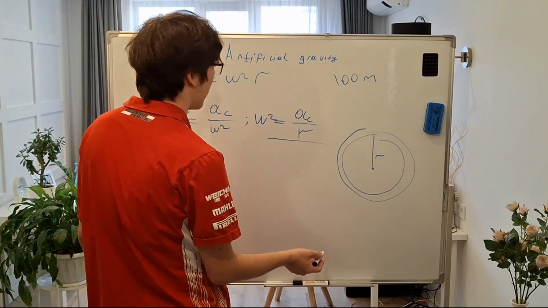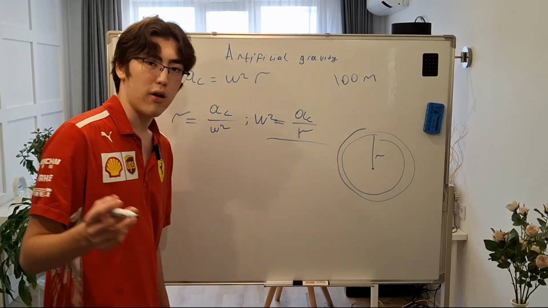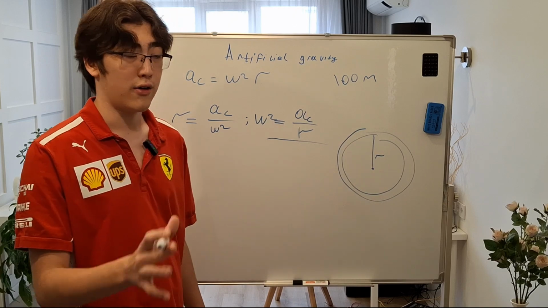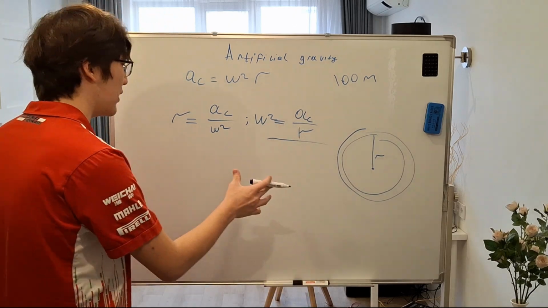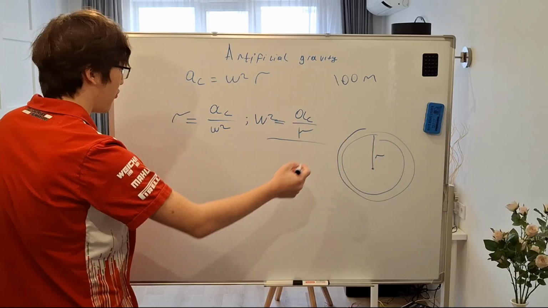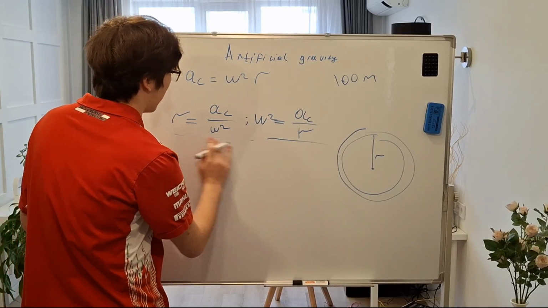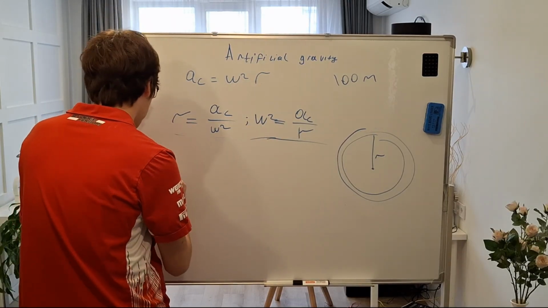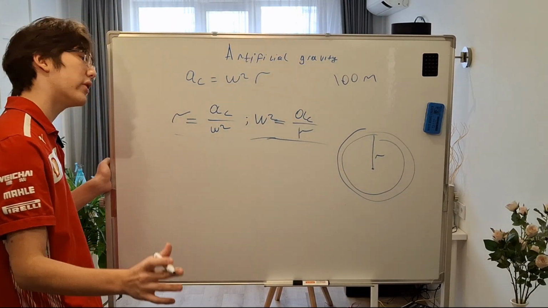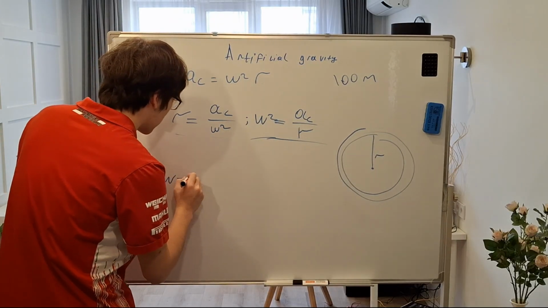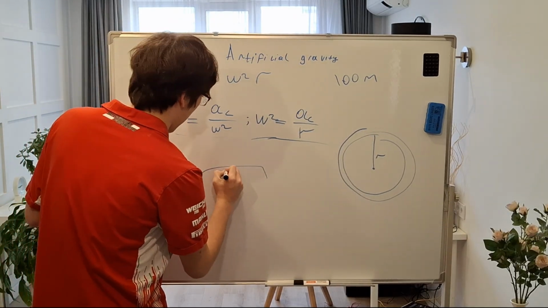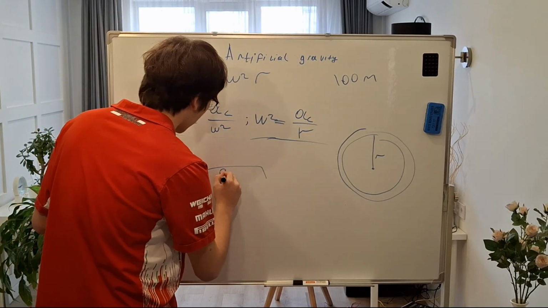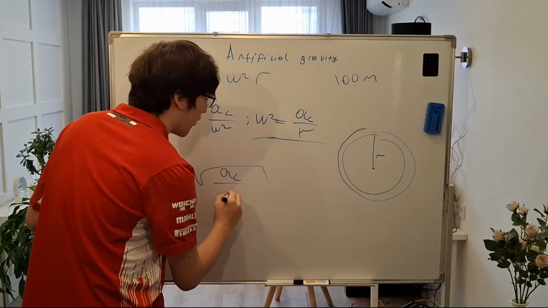To generate artificial gravity, we need to spin it with a force. We have this equation, so we can calculate that the angular velocity of our space station should be the square root of the acceleration required divided by radius.